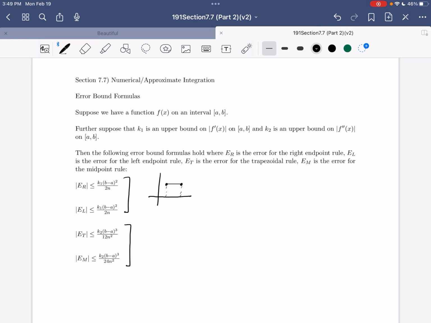Functions that have a 0 second derivative have no concavity. Those are functions that have a constant slope. Those are just straight lines. So those approximations, midpoint rule and trapezoidal rule, are perfect approximations when you're working on a straight line.